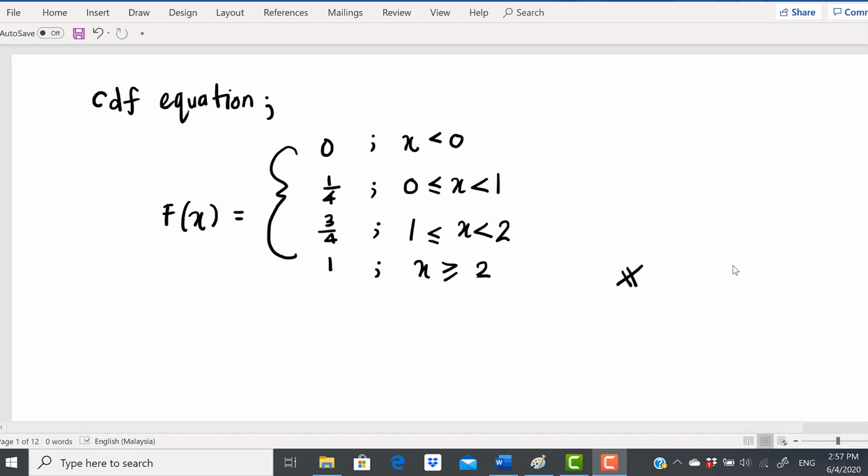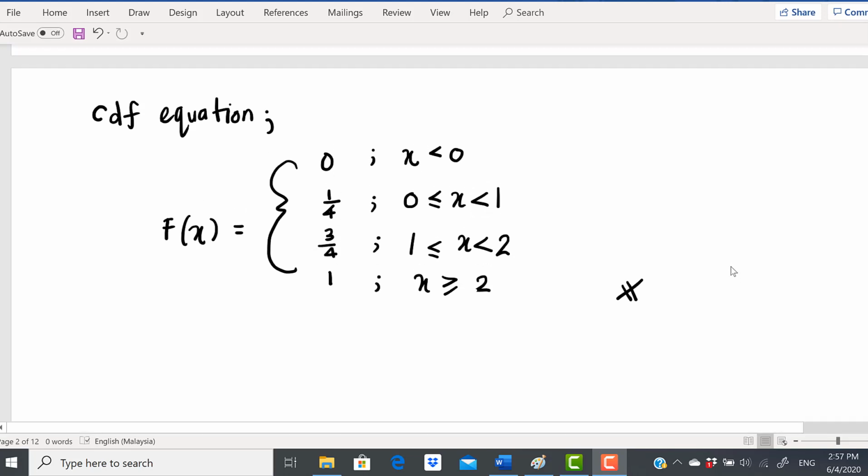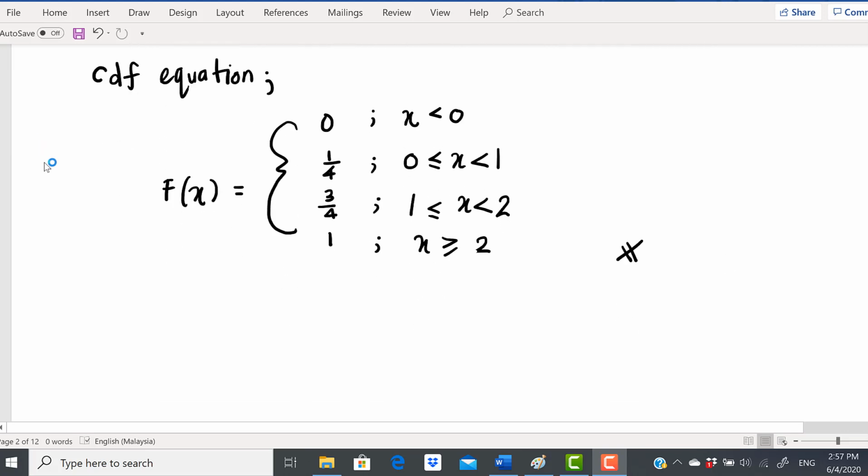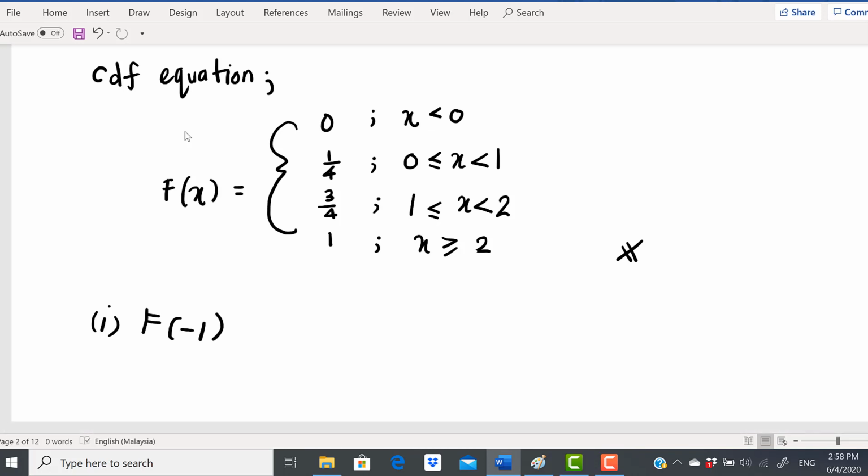Okay, now we will proceed with the same example. From this example, we already get our CDF equation. Let's say the question asks to find the CDF when x equals -1. How do we get the CDF when x is equal to -1?